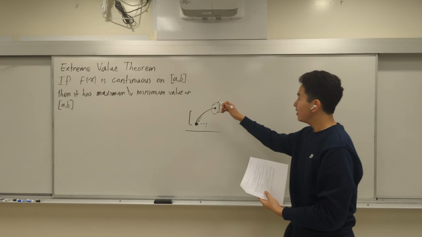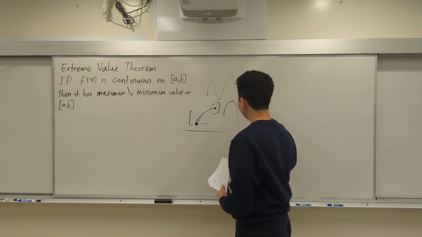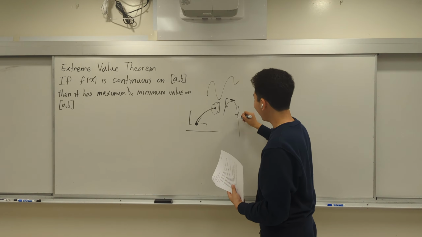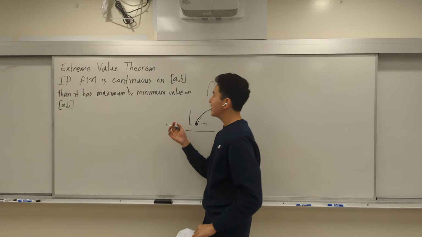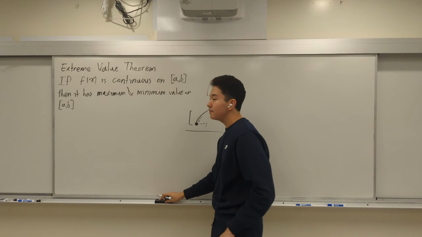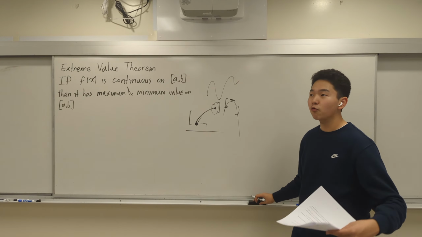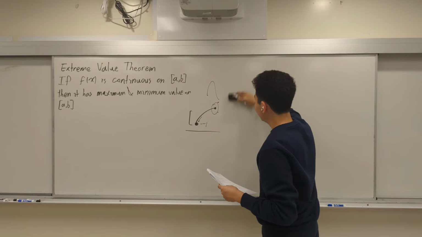So whether the function looks like this or like this, if it's continuous on the closed interval that you choose, it will definitely have a minimum and maximum value. If it just says minimum or maximum value, some people call it absolute minimum and absolute maximum. We'll talk more about that when we get into analyzing more functions in the next unit.